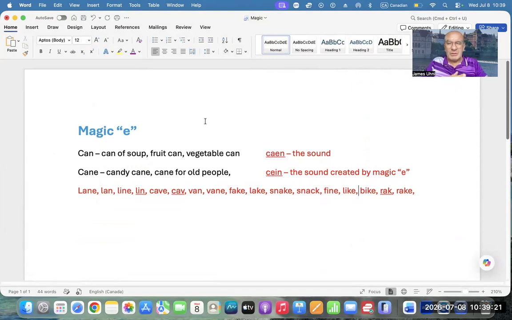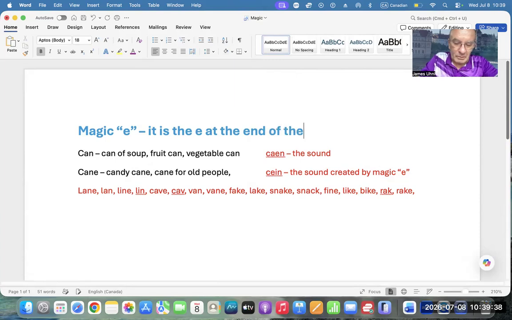So what is magic E? It is the E at the end of the word. Let's make it this way so we know what the talk is about.